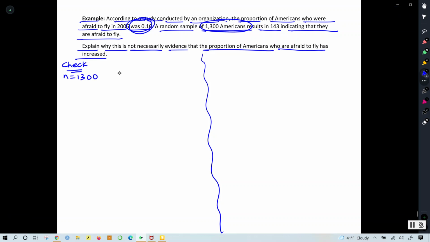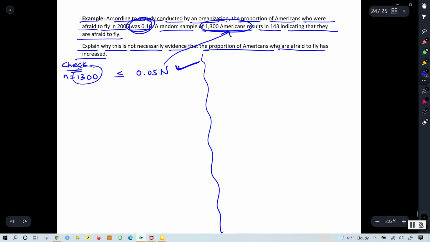Take note that we need to check if this is less than or equal to 5% of the entire population. Well, the entire population is all Americans. 1,300 is definitely less than 5% of the entire population of Americans, who are about 300 million. So that first condition is met.